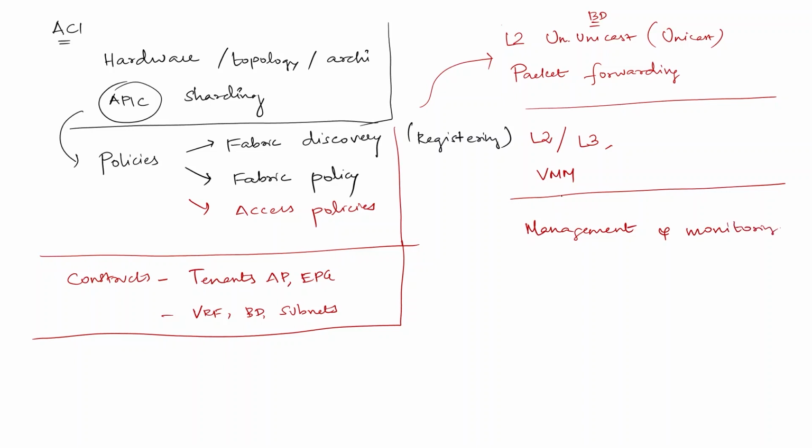Now this is only an overview of what we are supposed to deal with. Suppose let's say if you talk about the access policies, for example, then we have the switch profile, switch policies, leaf profile, leaf policies, leaf interface profile, leaf selectors, leaf interface selectors. So it's a combination of many things, so that you can group them together and make use of it again and again.